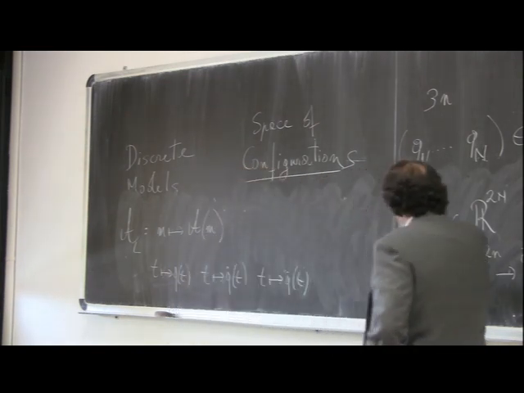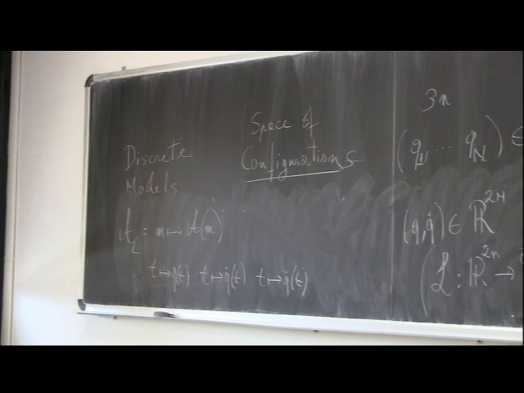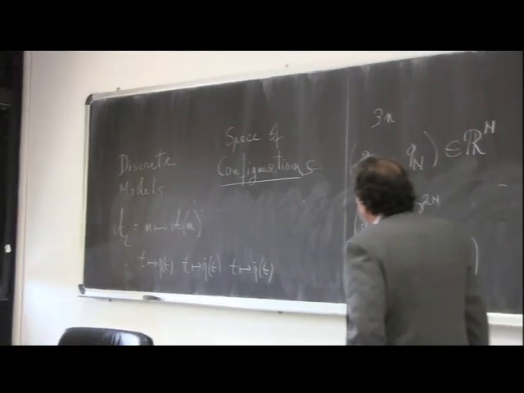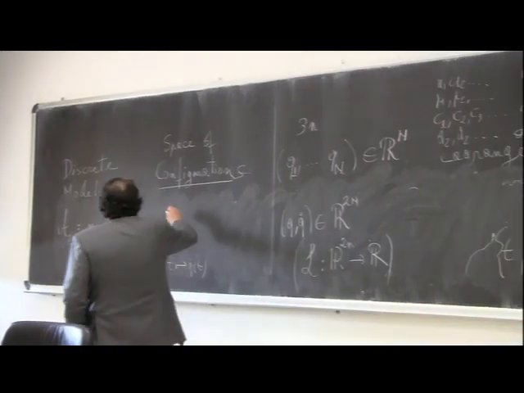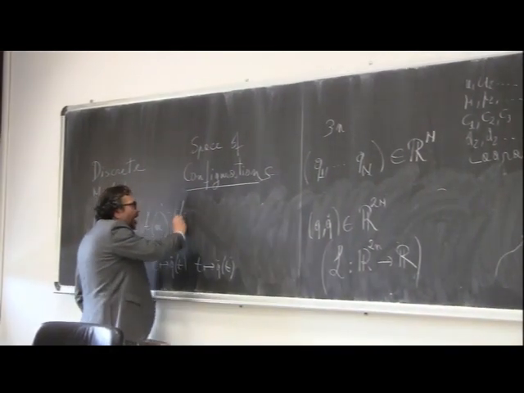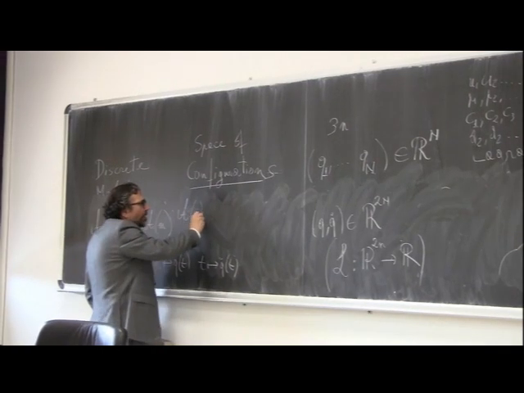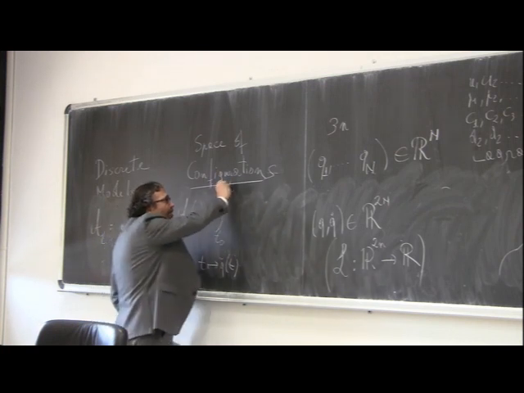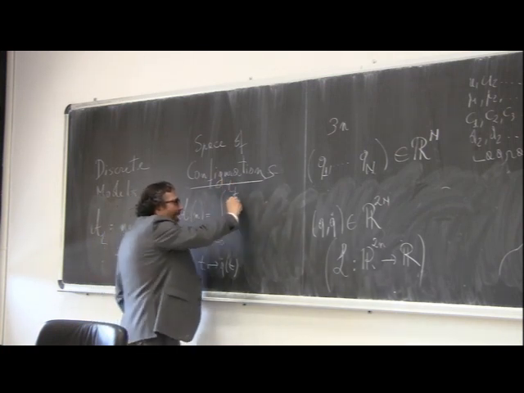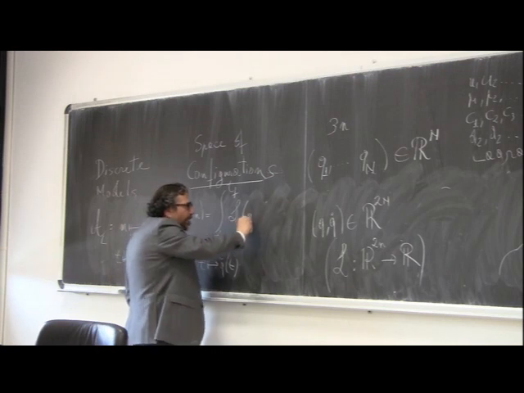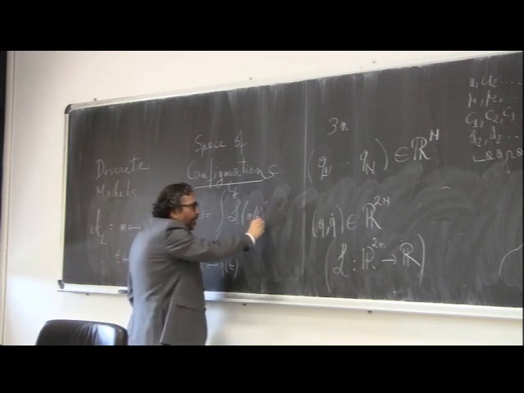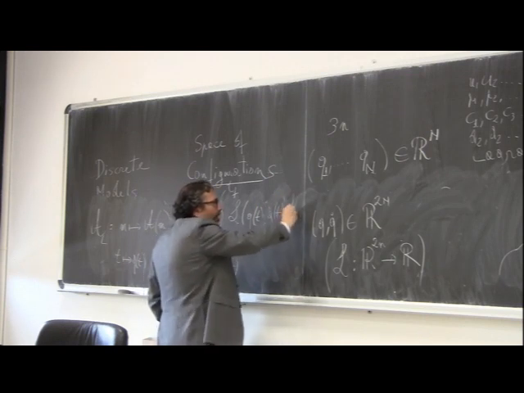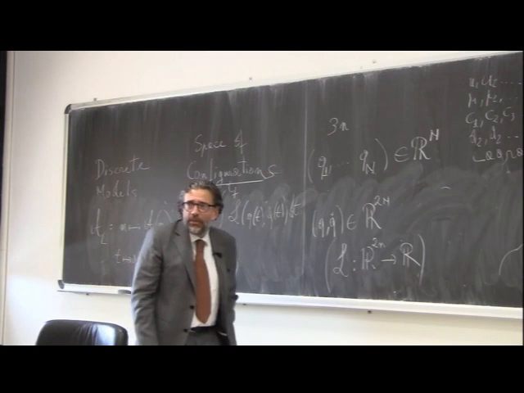Then we have introduced the Lagrangian function. So the action of a motion is the integral between t0 and t final of the Lagrangian, calculated in q of t, q dot of t, dt, integrated with respect to time.